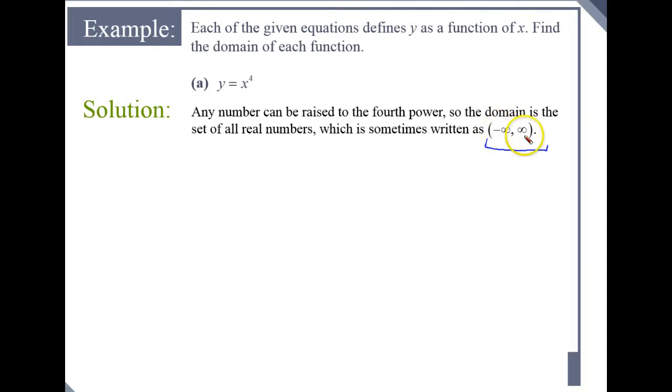We say this is all real numbers. It comes from negative infinity and goes to positive infinity. And whenever we use infinity, we use a parenthesis to enclose it. All right, let's go on.